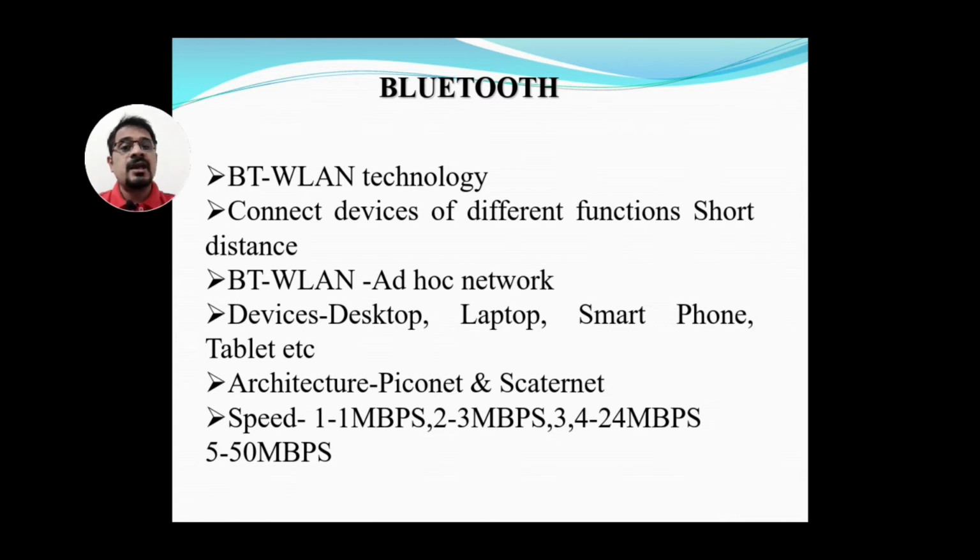On the go you can develop your own network, do some data exchange and data communication, and then tear off the connections. For example, we can easily connect two mobile phones, or two mobiles and one laptop, exchange, and then immediately disconnect. There is no need for any other networking connecting devices. So on the go you can develop your own network. That is why it is called an ad hoc network category.